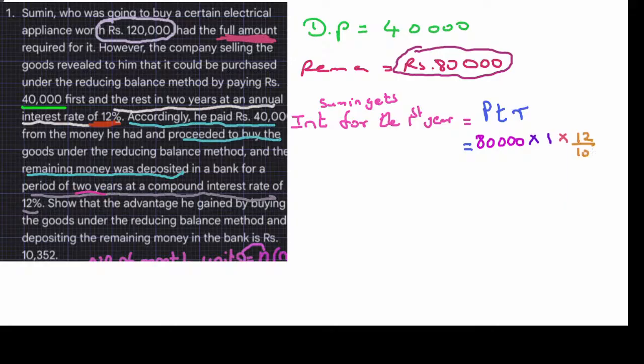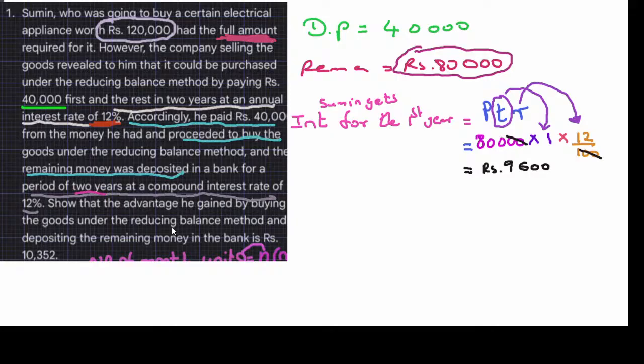Now mind you, here we are taking the time as years, so the interest rate should be per year. So just 12 over 100. That's the interest rate for the year. So how much is this? We can cancel the 2 zeros here with 2 zeros here. So we get 800 times 12, which is rupees 9,600. Right. So this is the interest he gets for the first year.